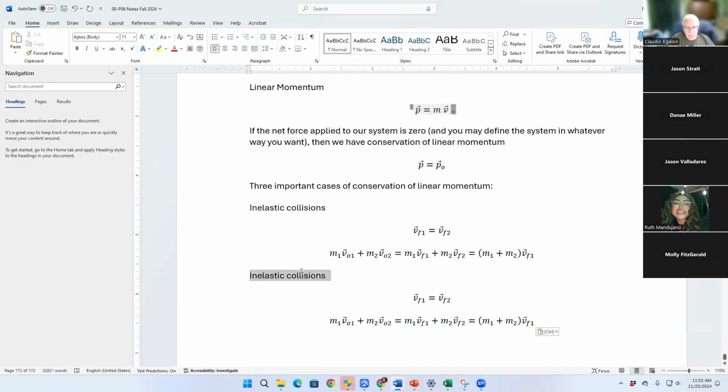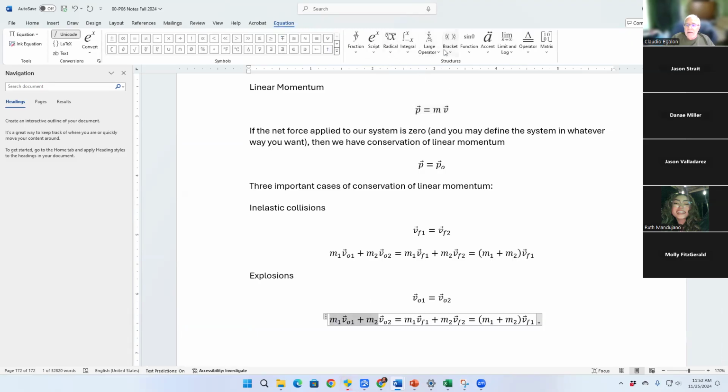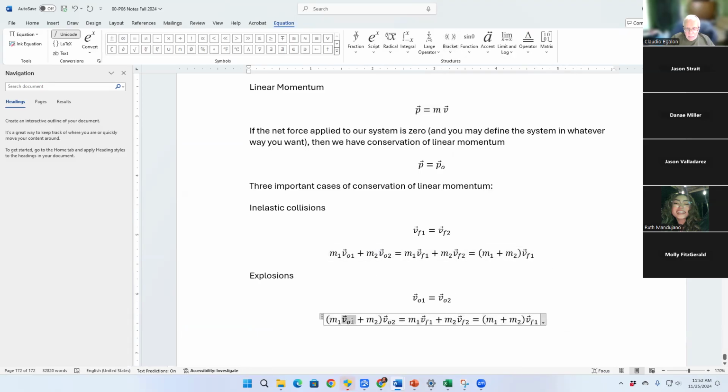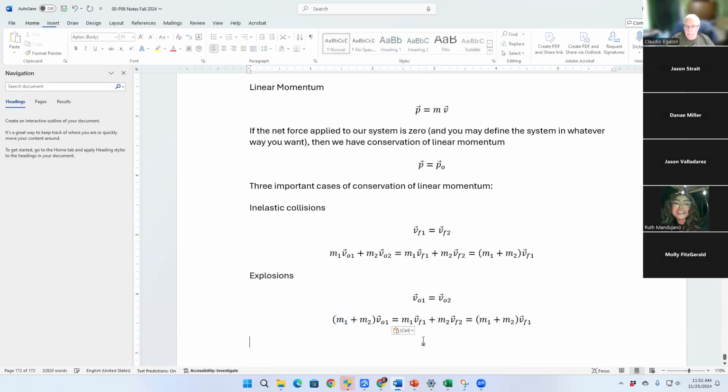Okay, explosions. Initial velocity of 1 is equal to initial velocity of 2, right? It's initial, it's not final. And now we have something like that. Conservation of linear momentum. Let's put everything in terms of initial velocity.